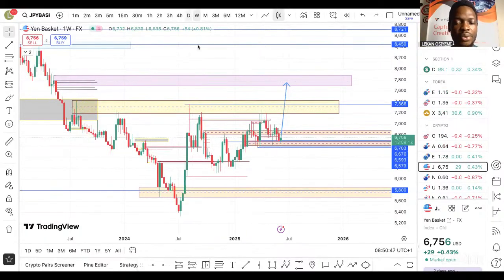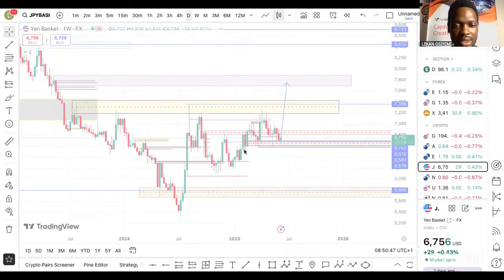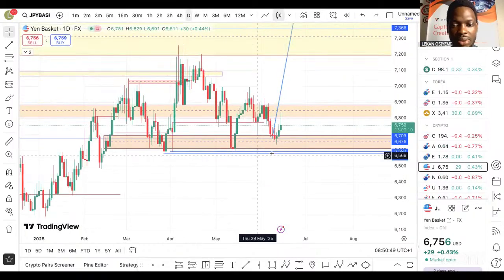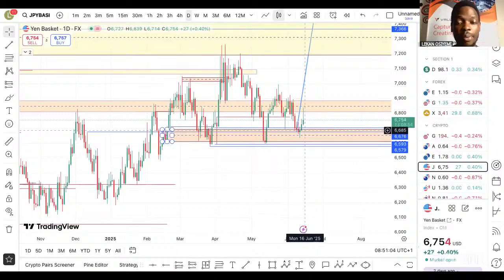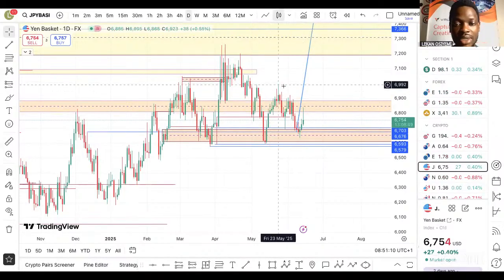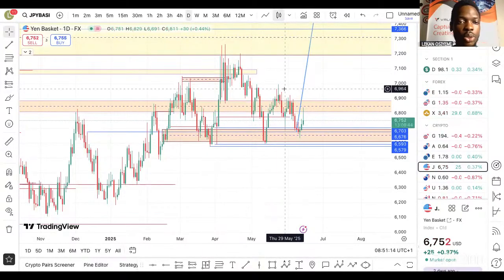However, if you look at it from the daily time frame too, that gives us a very clear move of why price did what it did on Wednesday, as price came to tap into this daily order block and began to move all the way up. So we still expect more of the buy of the yen basket moving forward, particularly all these sell side liquidity. We expect price to come and clear everything and keep buying all the way up.